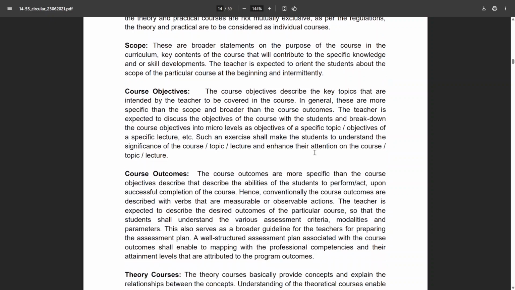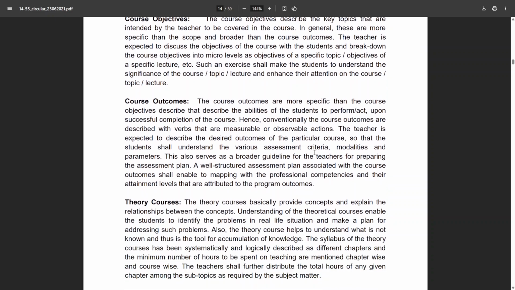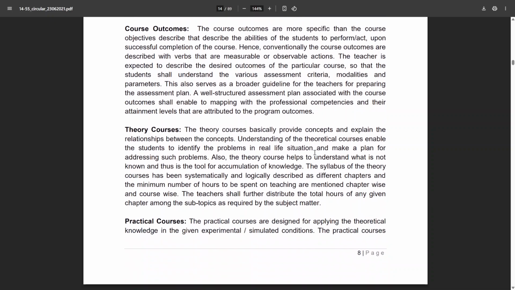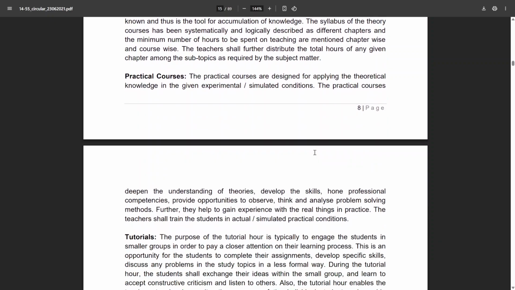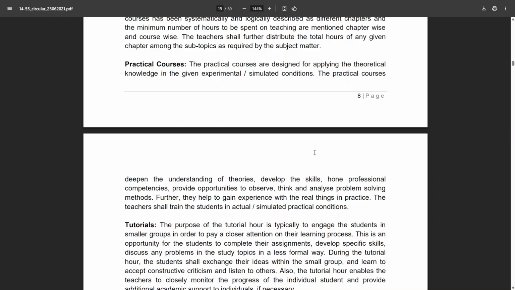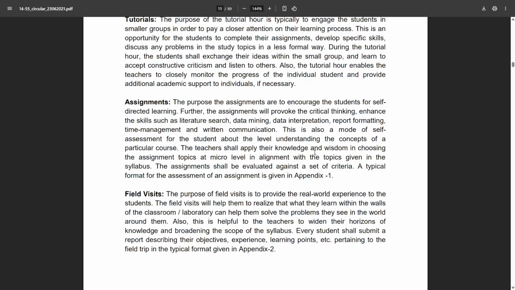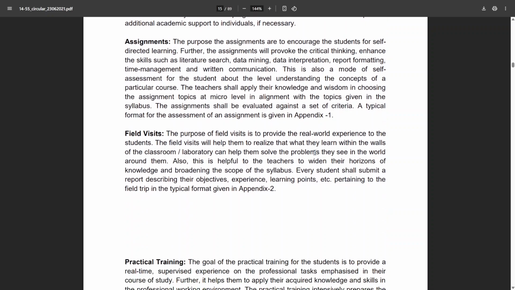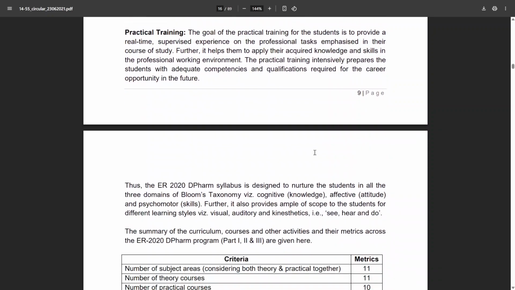Course objectives, course outcomes. You can pause and read as well. Theory courses, practical courses, tutorials, assignments, field visits, practical training.